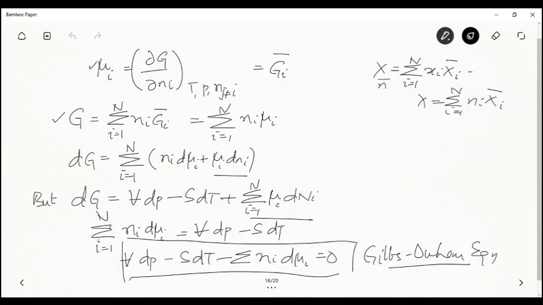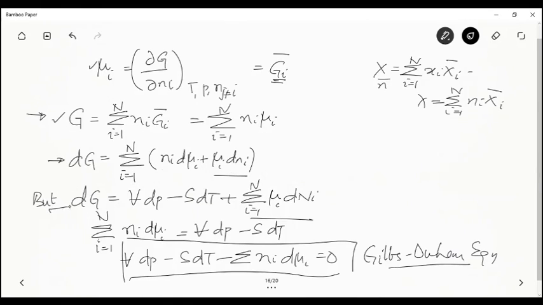So from the Gibbs function, the partial molar Gibbs function is defined as mu i equal to del G by del Ni, and the Gibbs function of the mixture is defined as summation of Ni Gi bar. Differentiating this, we wrote Ni d mu i plus mu i d Ni.